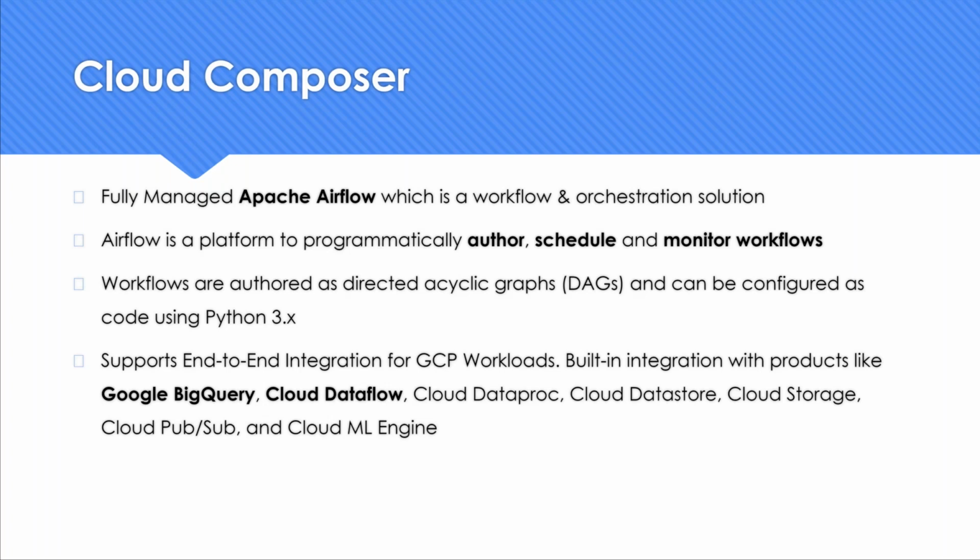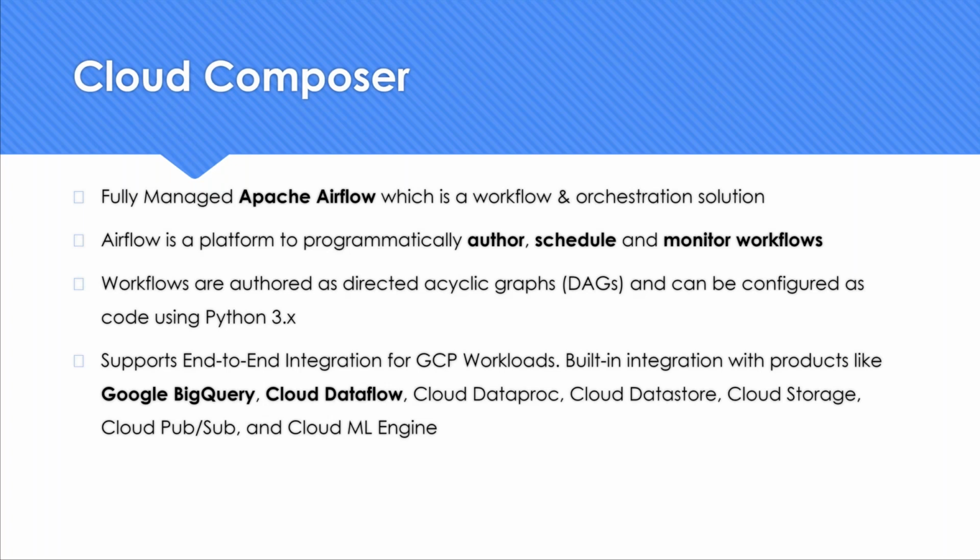Because it is open source, many people use it on-prem. I have seen one proof of concept where they wanted to move from on-prem to GCP, and it was basically an Apache Airflow migration. Apache Airflow supports only Python, no other languages.